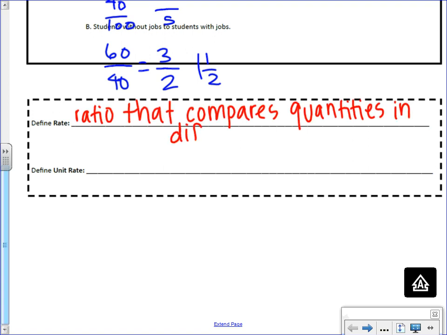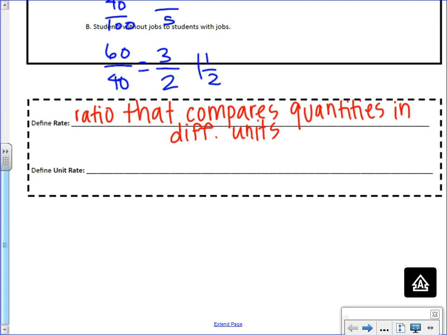So if we're comparing like packaging to ounces, or money to ounces, or money to miles, that would be a rate. Just like Uber is a rate. How many miles I go, they charge me per mile.